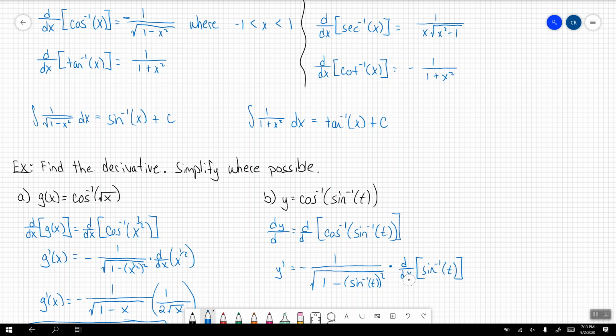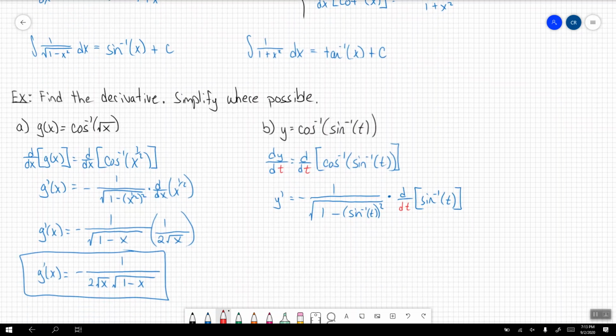So there's an issue here that I can't say dy dx. I need to say dy dt to be accurate. So dy dt, because t is the variable that we're working with, and this is going to be d dt. Perfect. My apologies for that mistake, but now we can keep trucking on.